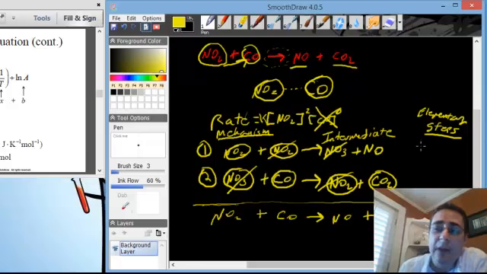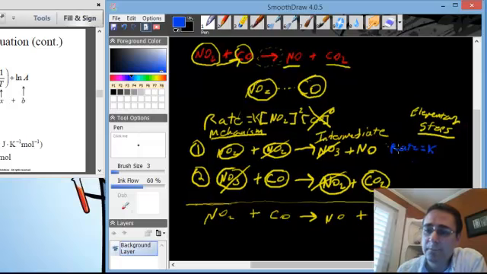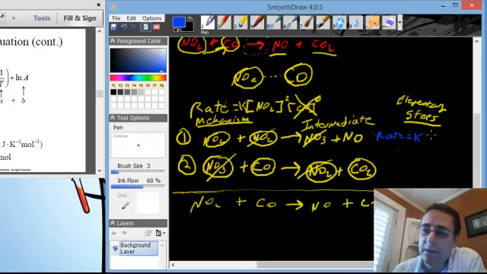For each elementary step, we can talk about its rate law. So for this one, let me just change colors here. We can say rate is equal to its own rate constant, times the concentration of NO2. That's the only reactant here.